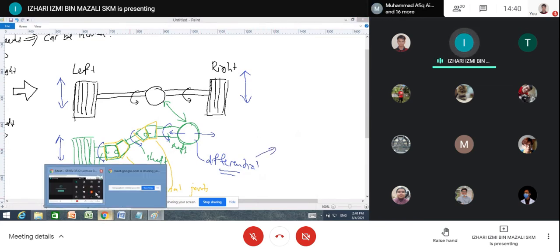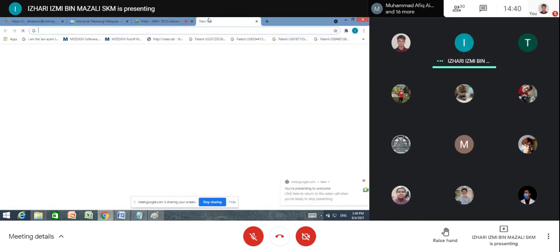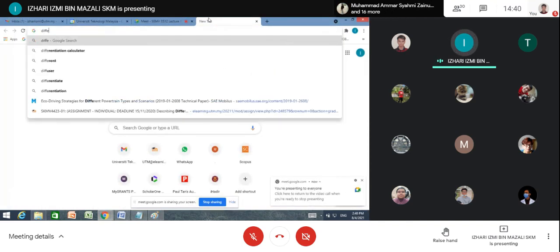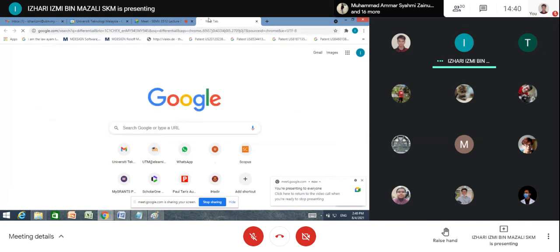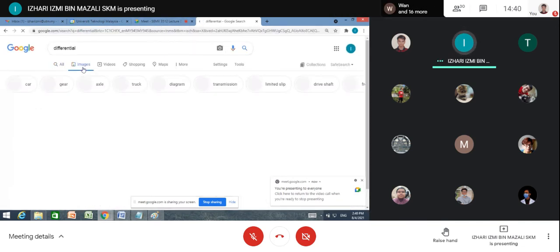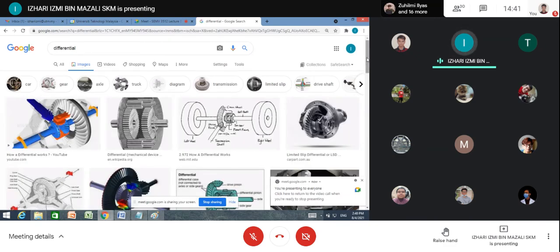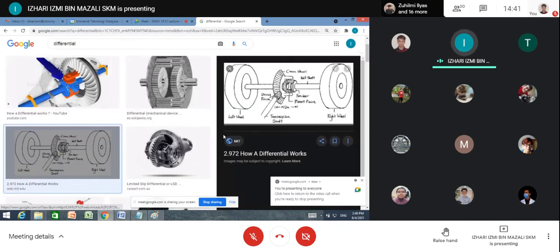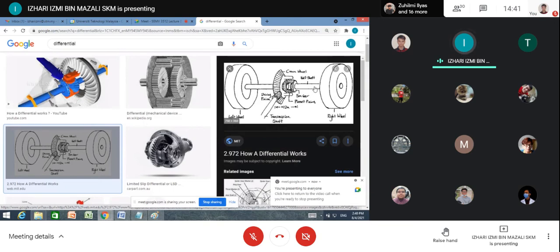So maybe we can try to find some example online. Okay, this one I think pretty much shows something that you can understand.